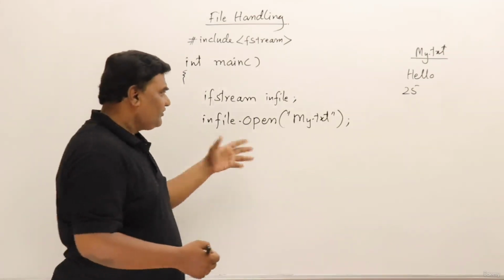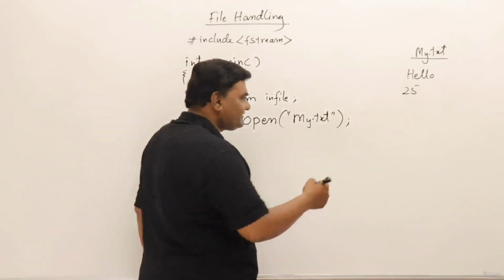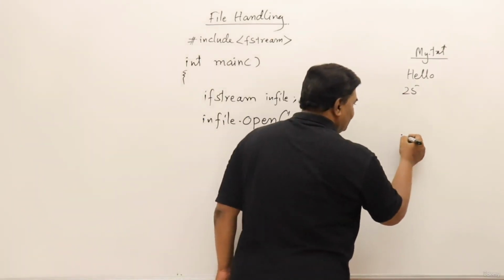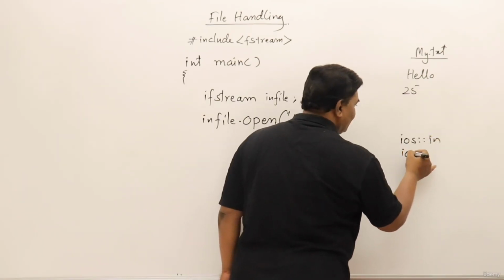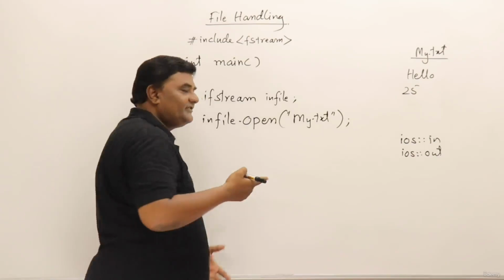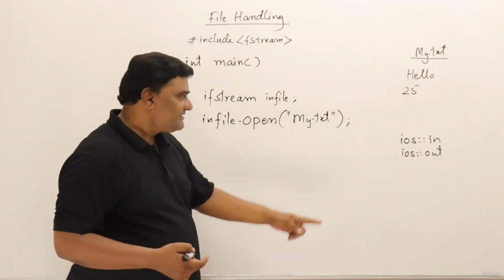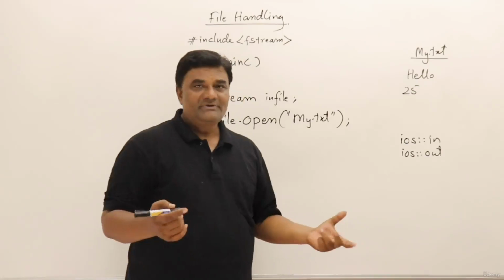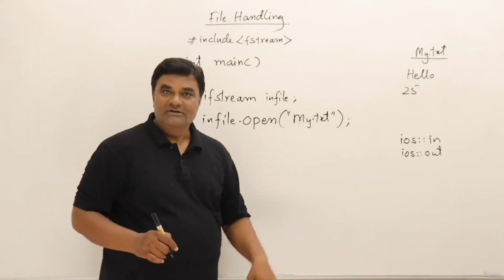If at all you want to mention read or write, there are some modes available: ios::in for reading, ios::out for writing. But if the stream itself is for reading only, we don't have to mention any flag or mode there. These are called flags. That's all. The file will open.